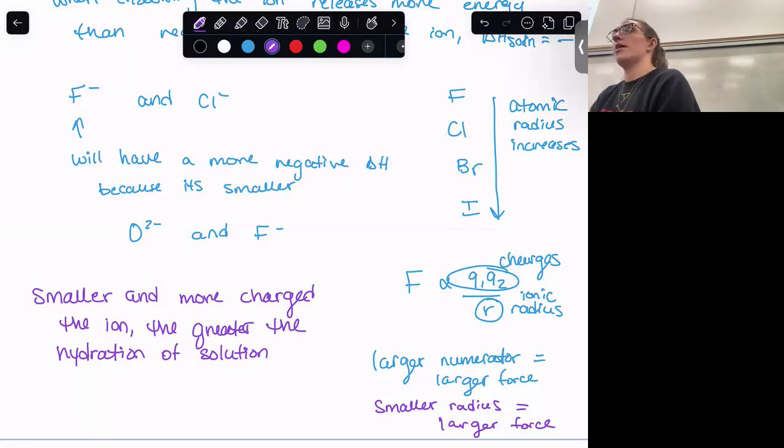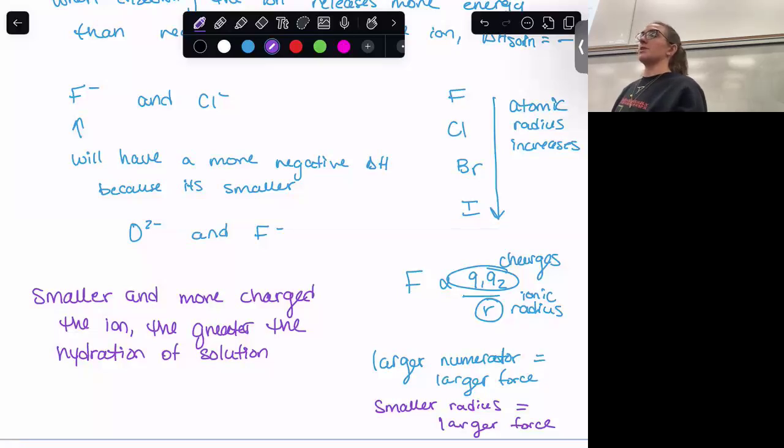I thought hydration would break it apart. So the lattice energy is what's breaking it apart. Hydration is the solvent molecules coming around to surround it and making those pockets of dissolved particles.